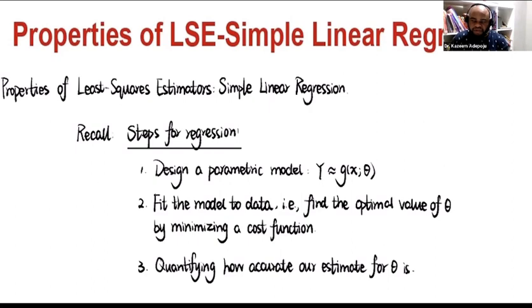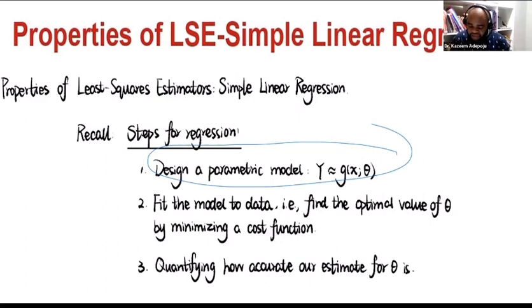So if you take a look at this now, the very first step is, when I want to fit a linear regression model, whatever model, to characterize the relationship, I actually need to come up with the design of a parametric model. Coming up with the design of a parametric model is just to specify whatever model you believe it is going to be. That is what we call g of x, theta.